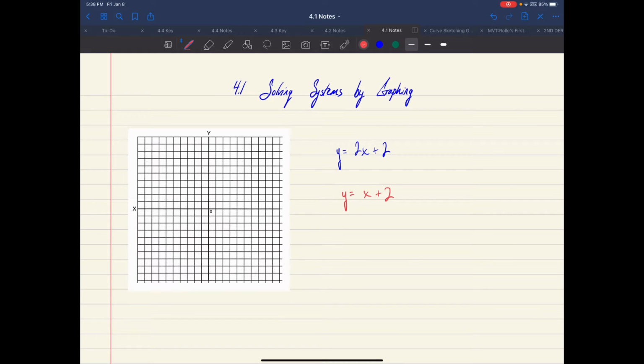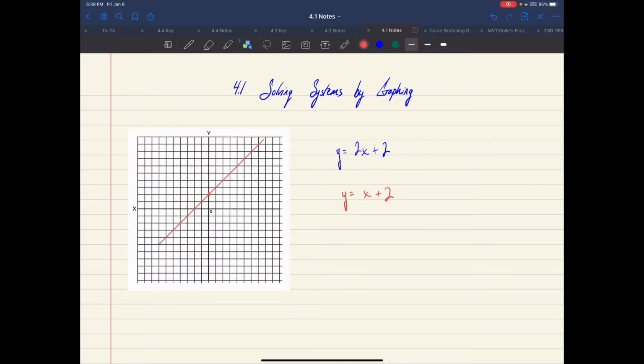So the line y equals x plus 2, I'll graph that one first. I would have an intercept of 2 and a slope of 1. Let's see if I can put this in the right place, and there we go.